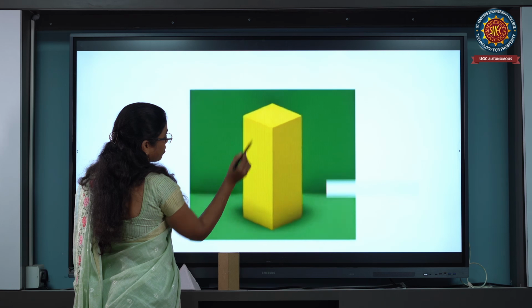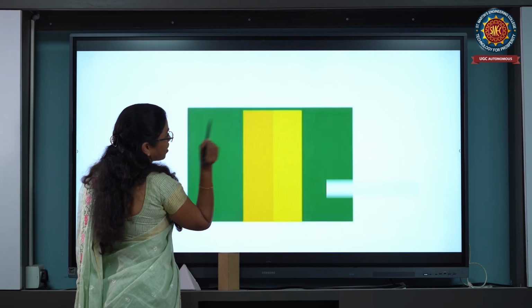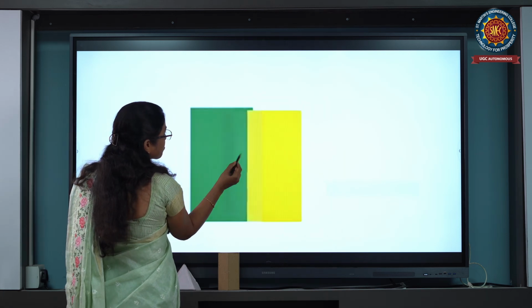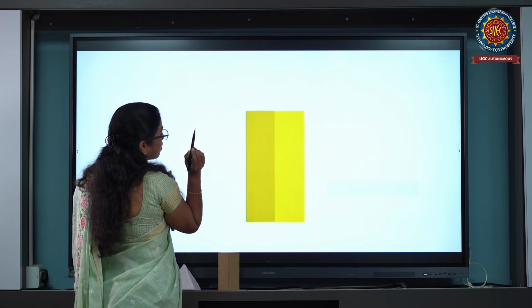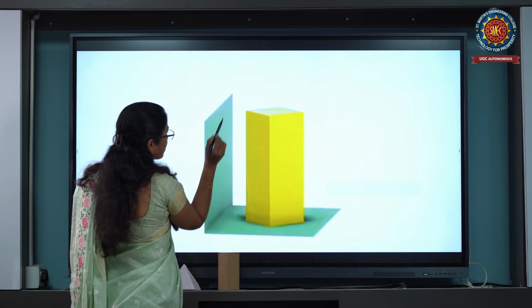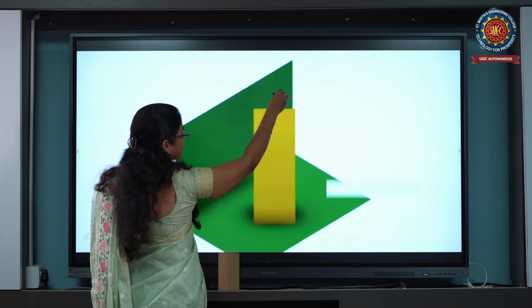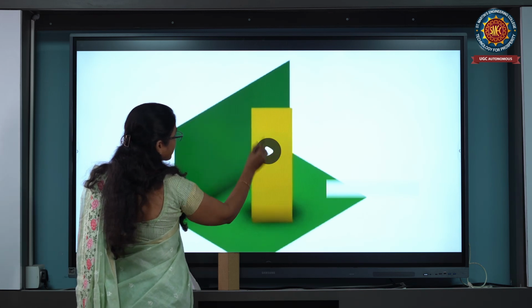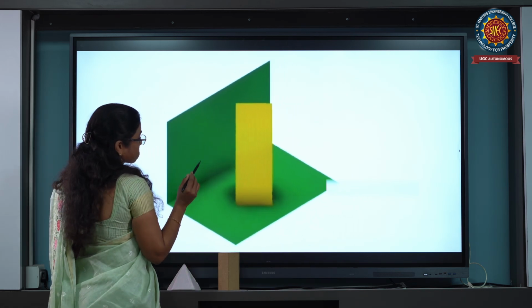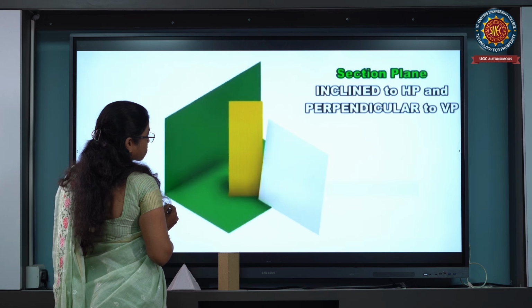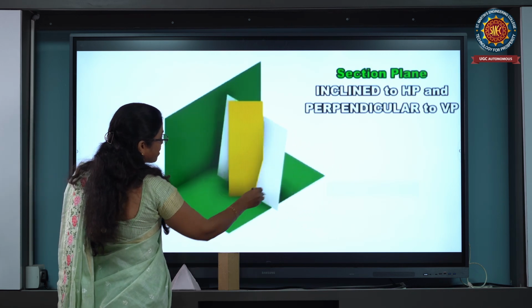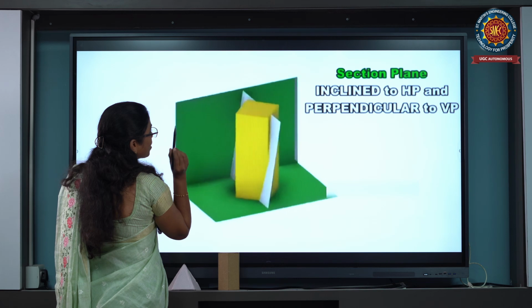This is a top view, this is a front view. Here we are using different types of section planes. We need to cut the object like that. This one is a section plane, and this one is also a section plane. This imaginary cutting plane is called a section plane.